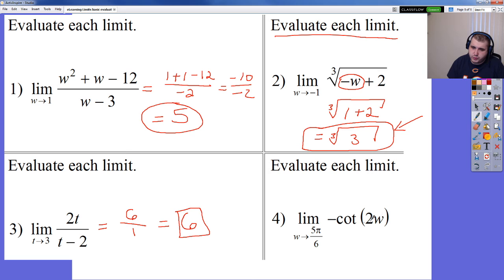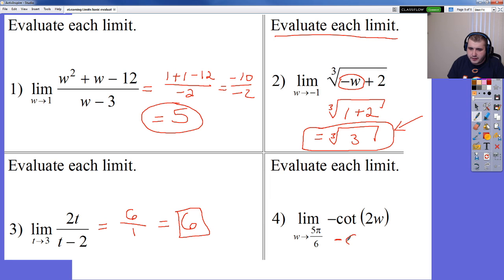Negative cotangent of 2w. Well, what is the limit approaching as w approaches 5 pi over 6? Well, let's look. If I take 5 pi over 6 and plug it in for w here, well, that's 2w. What's 2 times 5 pi over 6?